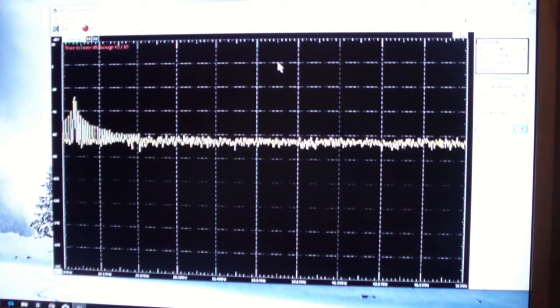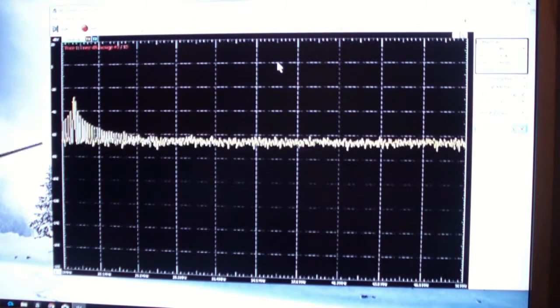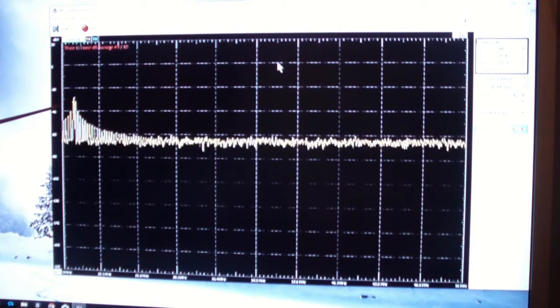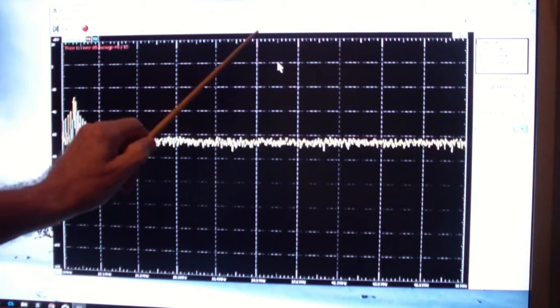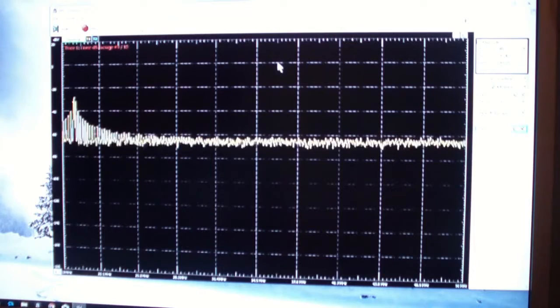And there you see, way on the left, this would be 10 megahertz, this would be 20 megahertz. And then I have set the stop frequency to 50 megahertz, which would be way out here.